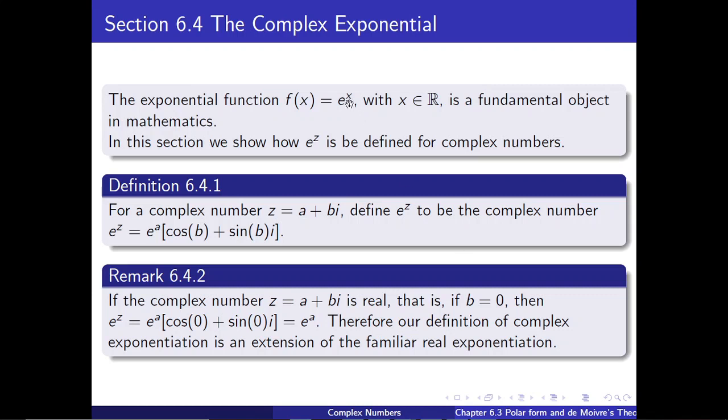In the case that we know x is real, we want to find out what happens if the power z is a complex number. And this leads us to definition 6.4.2.